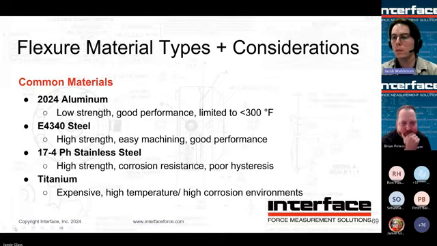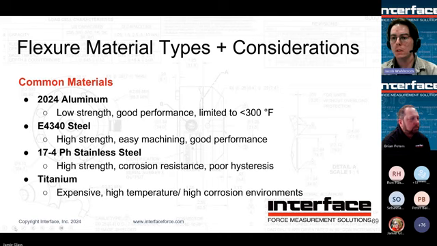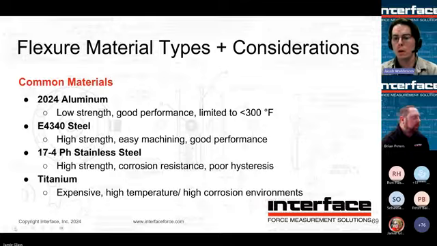However, it is limited to around 300 degrees because that's when the aluminum starts to temper again. Then if we look over at 4340 steel, this is super common, very easy to machine, low hysteresis, and it's very, very strong. So we use that for most of our LP range.